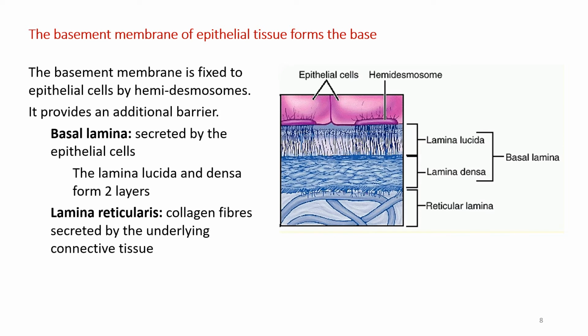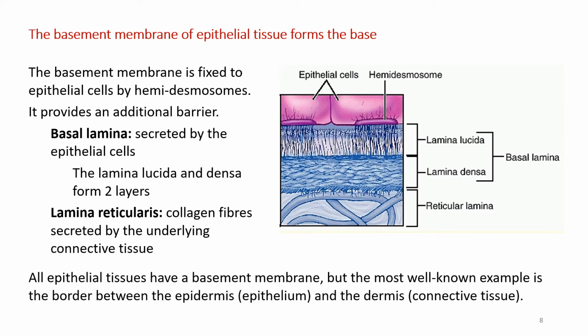So that forms the basement membrane. All epithelial tissues have a basement membrane, but probably the one that you're most aware of is the border between the epidermis, which is epithelial tissue, and the dermis, which is connective tissue.